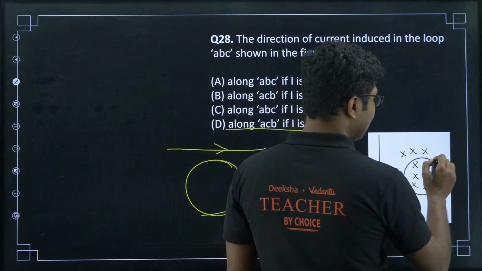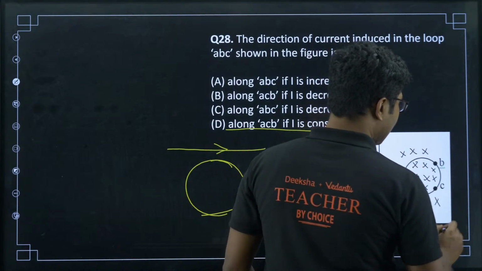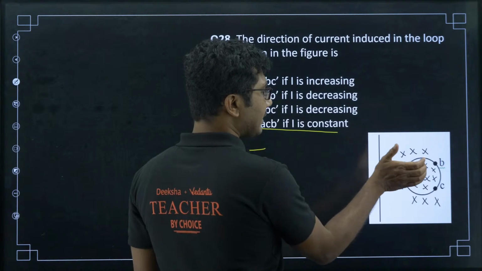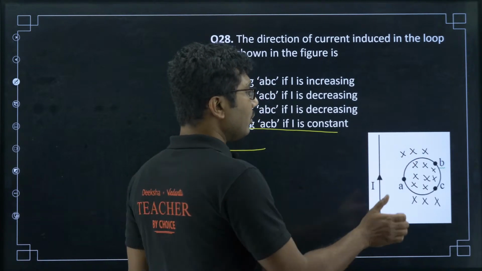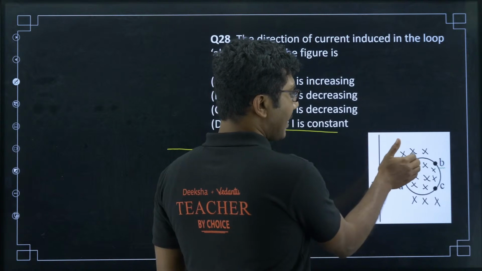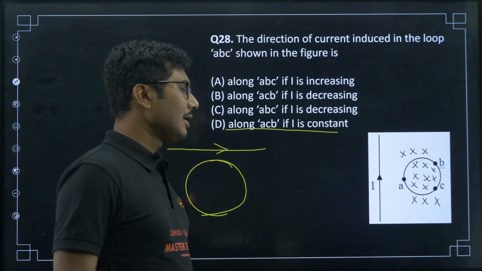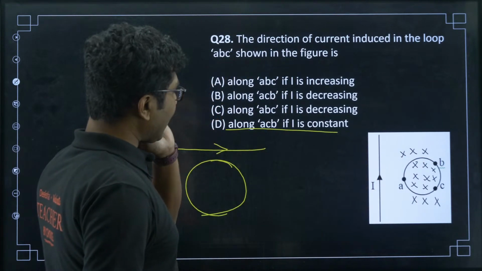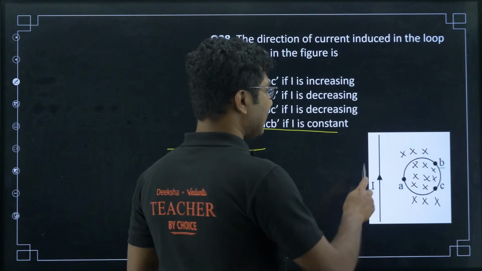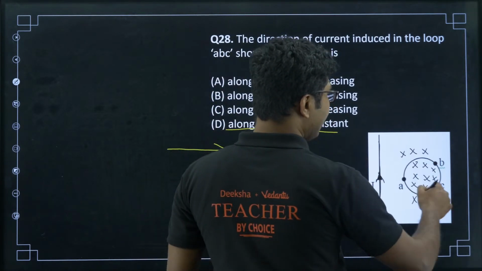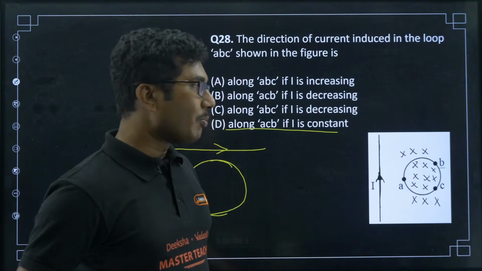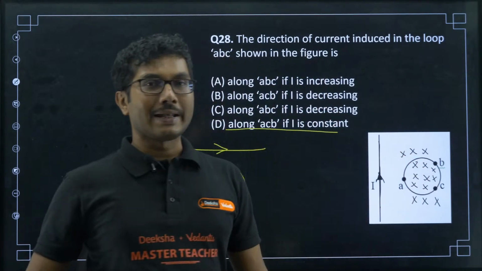Easy. Any doubt in this? Current is flowing in this direction and the magnetic field has to be, if you use your right hand thumb rule, this is the right hand thumb rule. Now you have to understand, when the current increases, the induced EMF will oppose this original magnetic field.